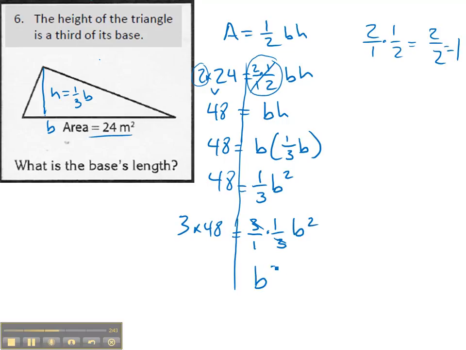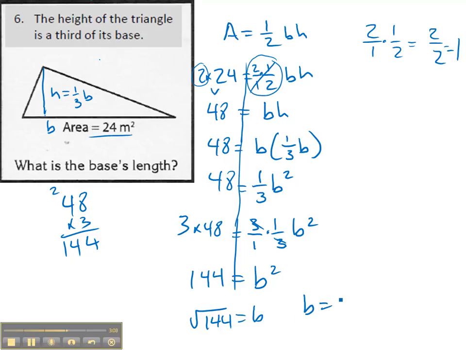So b squared equals 3 times 48. 48 times 3. 8 times 3 is 24. Carry the 2. 4 times 3 is 12, and 2 is 14. b squared equals 144. Then you have to ask yourself, what number squared would equal 144? Well, you know it's 12. 12 times 12. Or think of the square root of 144 equals b. So b must equal 12, and the units are meters.